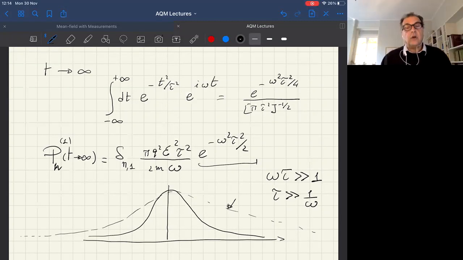Exactly. So the limit in which you do very gentle changes to the Hamiltonian is also called the adiabatic limit.